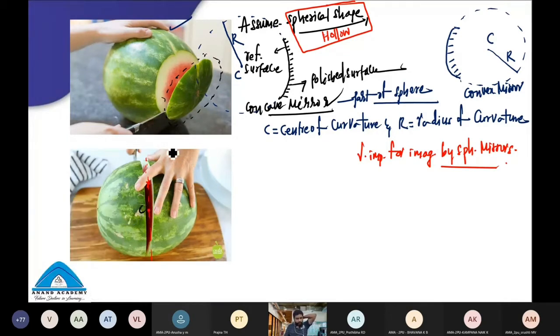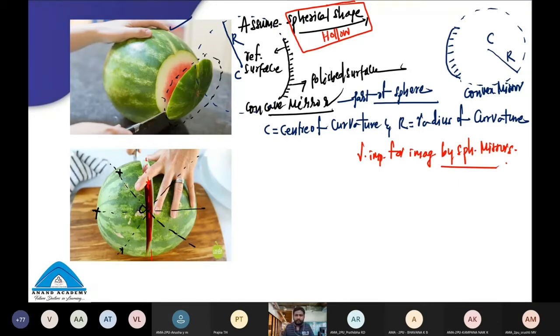Yes. If you cut here, here also the line will pass through the center of curvature. That is important. And if you cut here, here also this line will pass through the center of curvature. The simple example we are discussing.